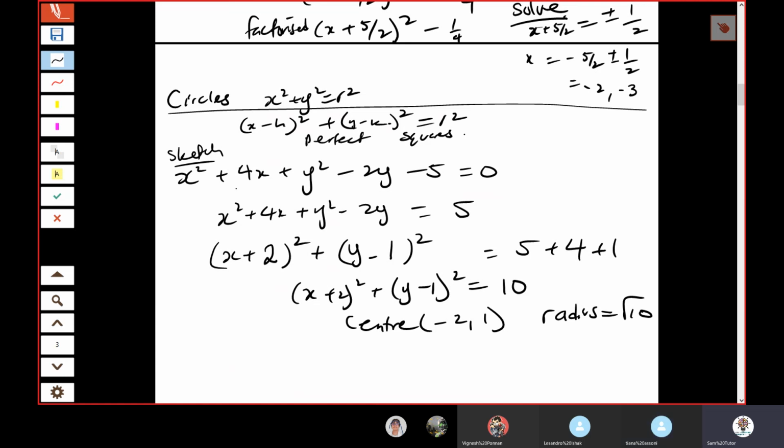Group them. And then halve it. And then what do you do on the right hand side to that half number? So now you've got to square it. Halve it, square it. You just got to remember perfect squares. So the whole idea of completing the square is to have a perfect square.